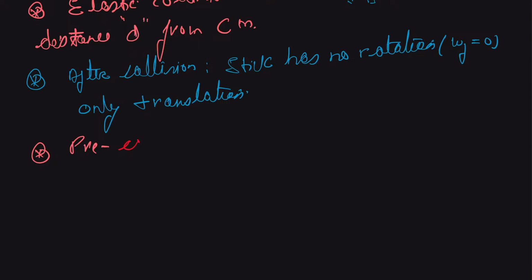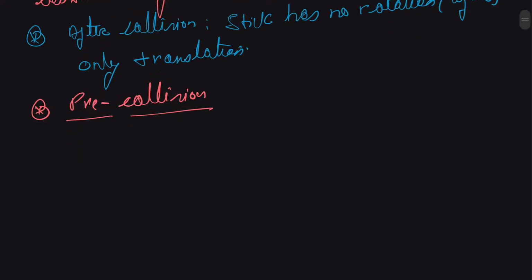So we have our pre-collision, and it is said that the center of mass is stationary. Therefore, for pre-collision with respect to a stick, we can say that our center of mass velocity is equal to 0, and angular velocity we assume as omega.